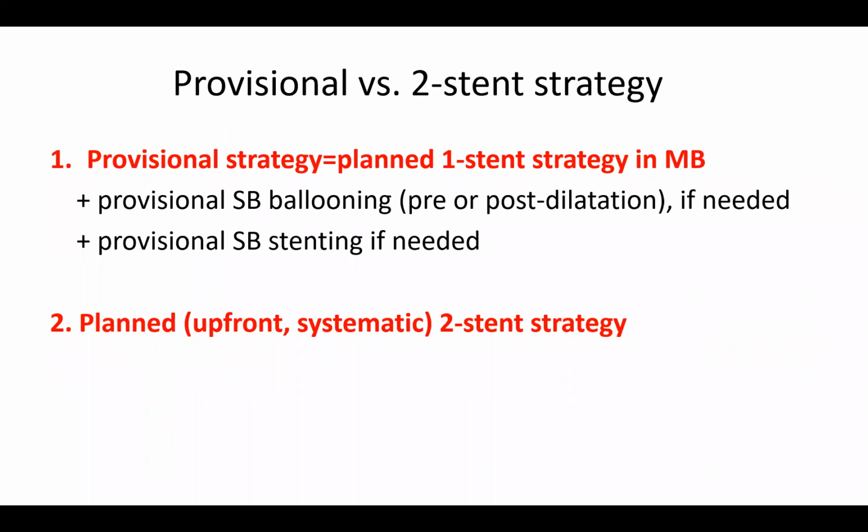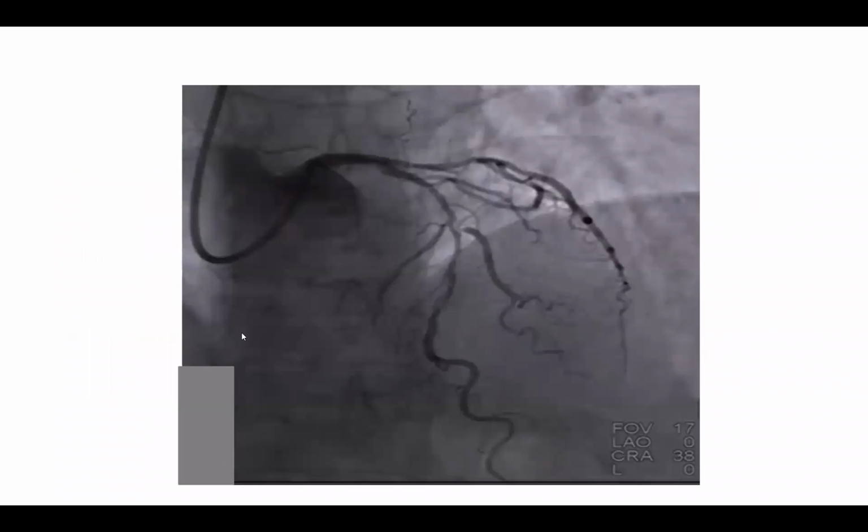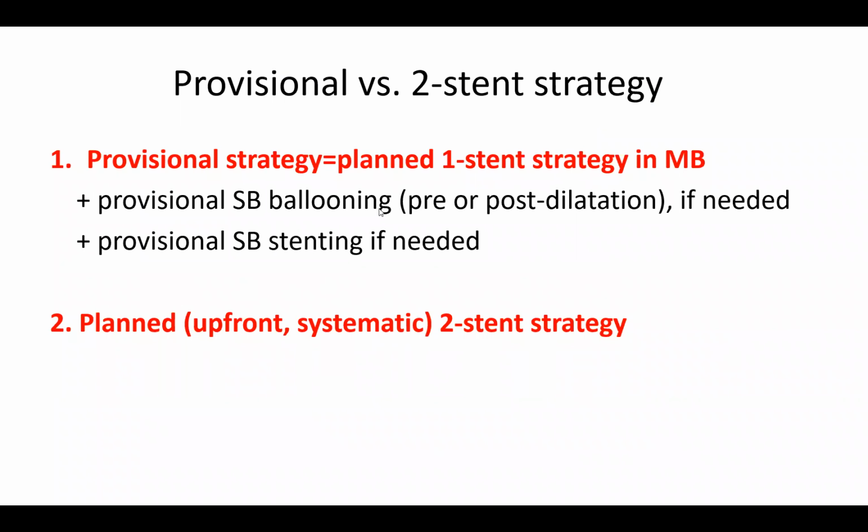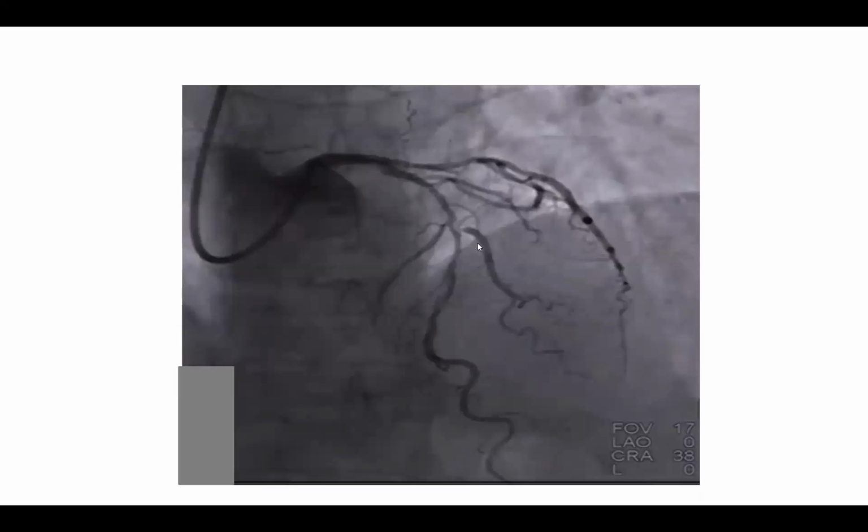I will lay again the basics of the idea of stenting. What type of stenting approaches we have in the case of a bifurcation? There are two big approaches that have been studied over the years. One is what we call the provisional strategy, meaning you plan on putting one stent across the main branch and you provisionally, if needed, balloon that side branch, whether before or after stenting.